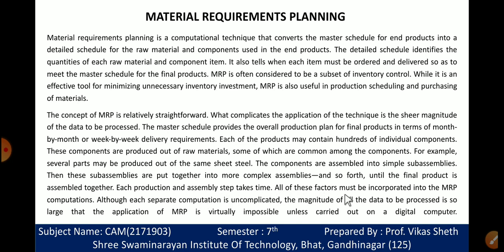All these factors must be incorporated into the MRP computations. Although each separate computation is uncomplicated, the magnitude of all the data to be processed is so large that the application of MRP is virtually impossible unless carried out on a digital computer.